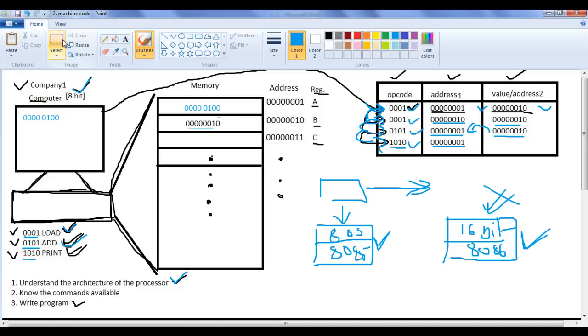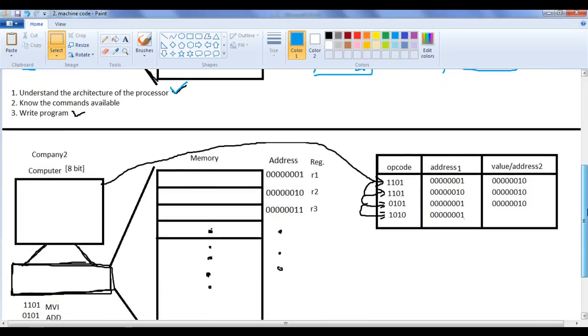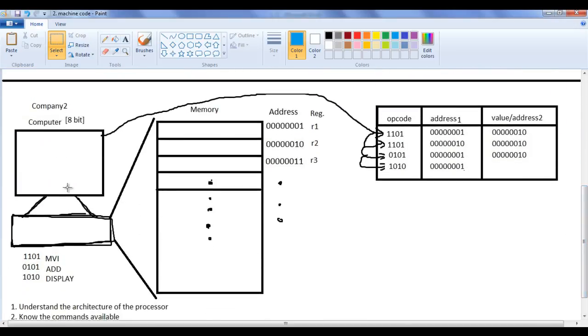For example, if I have to perform the same addition of two numbers on another platform, here I have another computer manufactured by another company, maybe company 2 has manufactured an 8-bit computer, they will be having their own commands and binary equivalents. So here instead of load, we have the move immediately command.